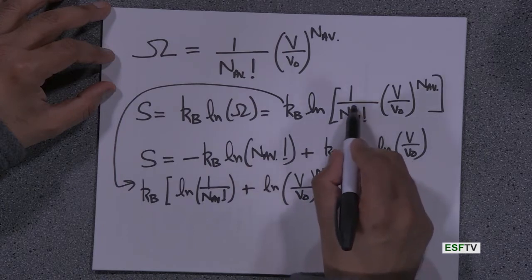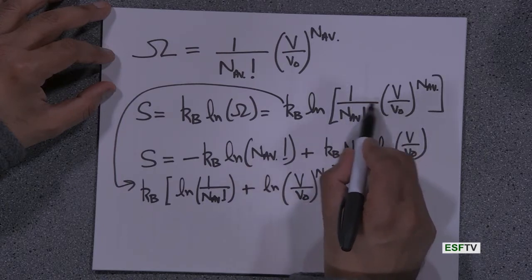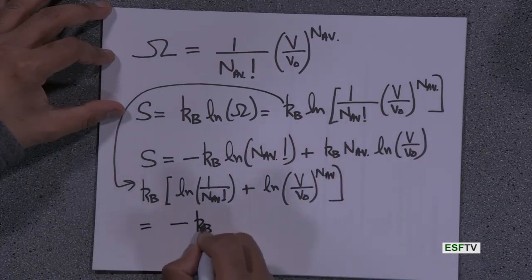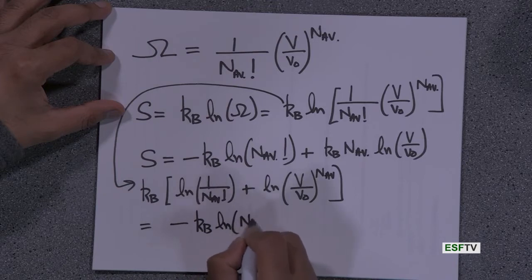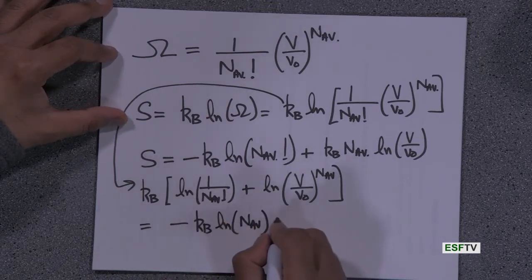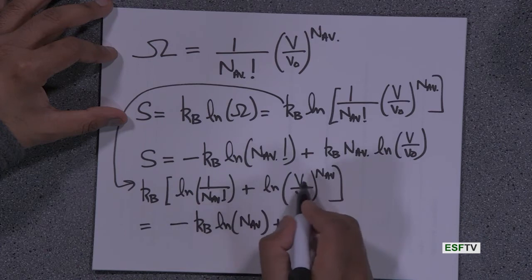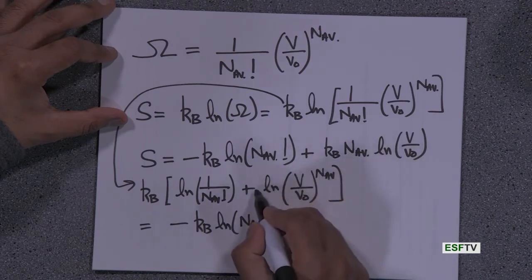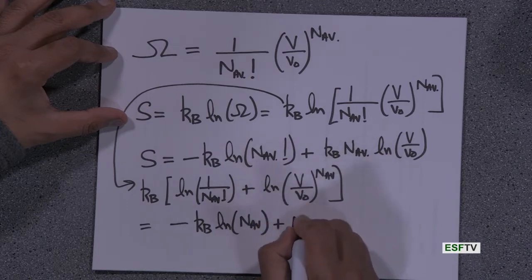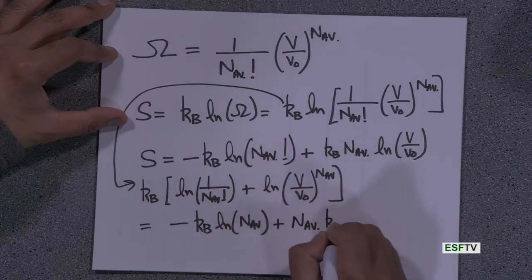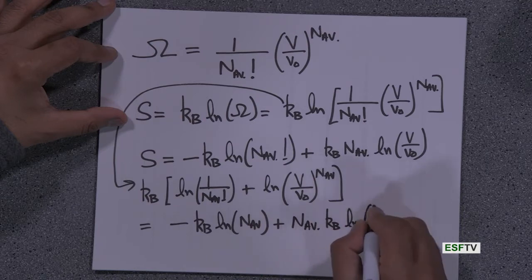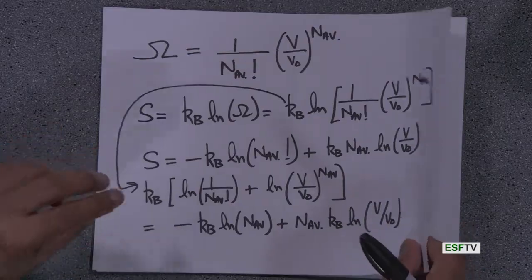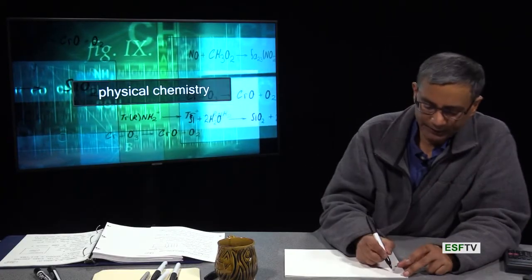The logarithm of x multiplying y is the logarithm of x plus the logarithm of y, and that is minus kB logarithm N Avogadro factorial, this term, plus the logarithm of this quantity V over V0 to this power, which is simply N Avogadro, the power comes down, multiplying the logarithm of this quantity, N Avogadro kB logarithm of V over V0, right? So that's the entropy. Carry that over to the next page.